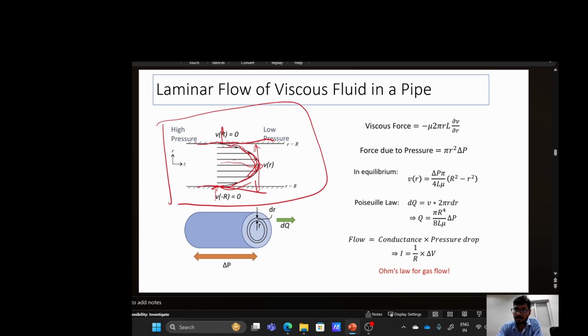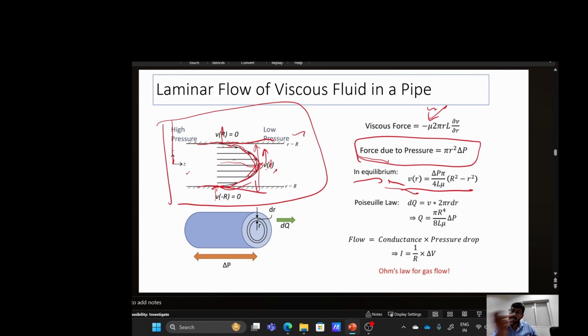This is the formula for the viscous force in this fluid, and the force due to pressure from higher pressure to lower pressure is given by this one. In equilibrium, the velocity Vr, which depends on the radial position, is given by this formula.